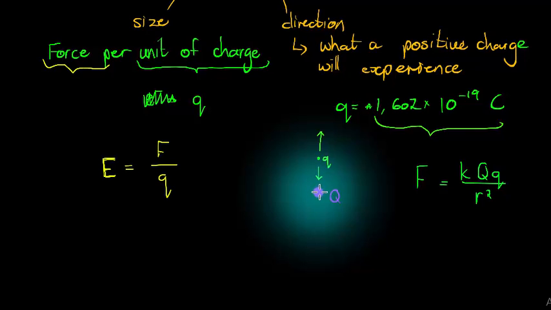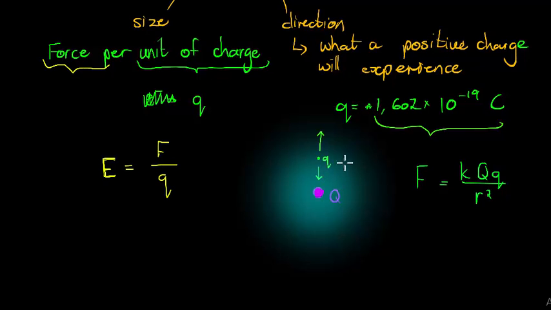So the closer I get to my charge, the smaller the radius will be. Now if I decrease the denominator of a fraction, I increase the value of the expression. So the closer q gets, the stronger that force will be. That's fairly simple and straightforward. And the further I go away, the bigger I'm making my denominator, so the smaller the force will be. Another thing is, the stronger the charge is on q, the stronger this force will be.